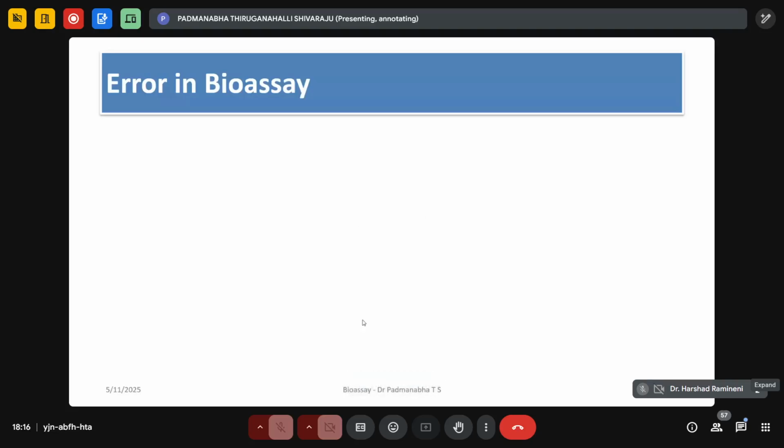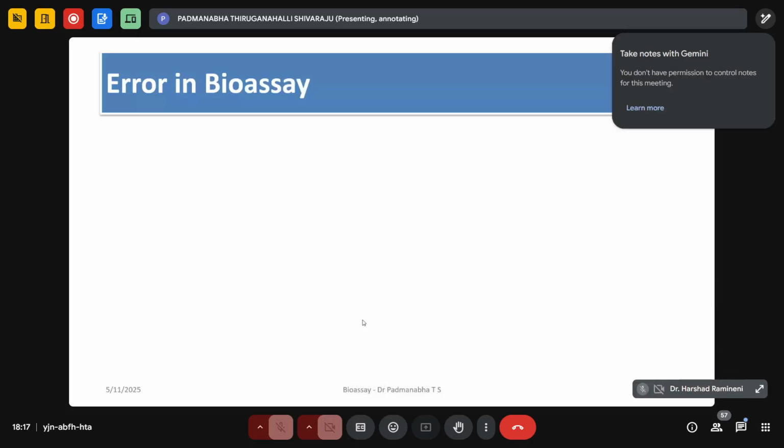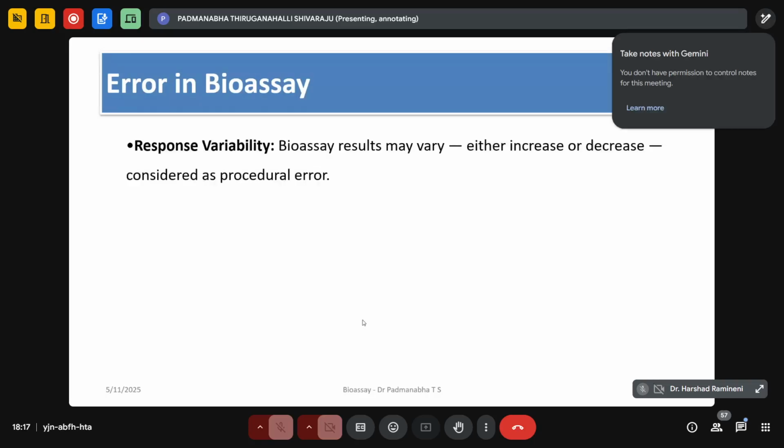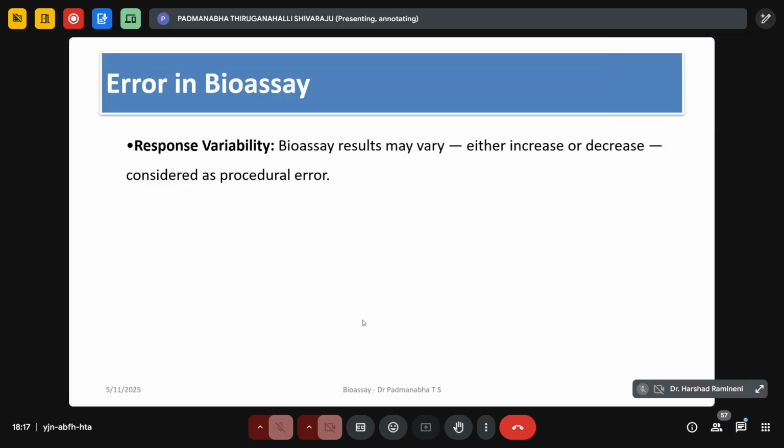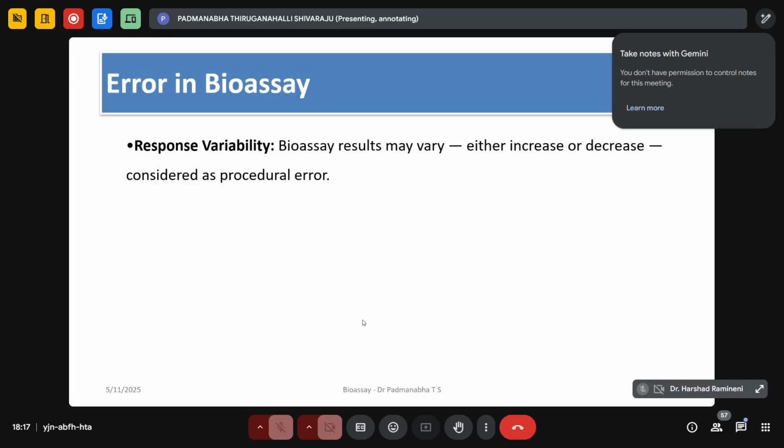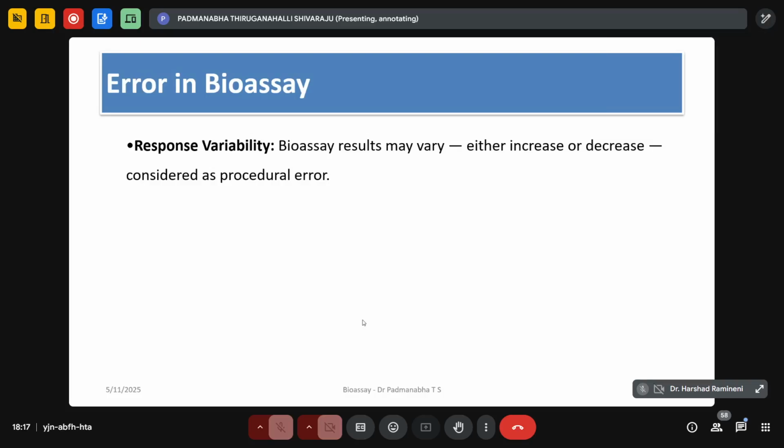Apart from that, we also need to check the errors which can happen in the bioassay. As you know, errors will happen in any assessment, and so in bioassay as well. One is response variability. The bioassay response may decrease or increase based on procedural errors.